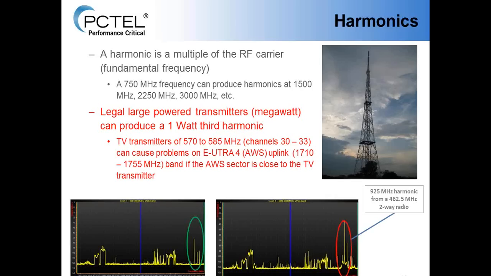I have an example of a harmonic here below. If you look at the left-hand side of the chart, I'm looking at a spectrum in the 900 megahertz range, and I have a walkie-talkie that's legally operating at 462.5 megahertz. As soon as I start transmitting, it puts a harmonic at 925 megahertz, as you can see on the right-hand side, where the whole noise floor has been raised.